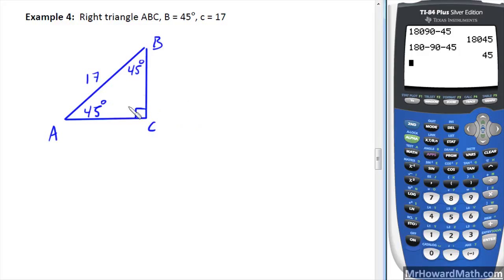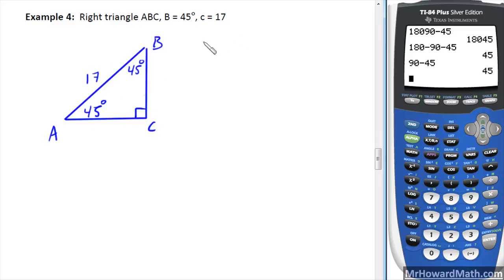Another shortcut is if you know you have a right triangle, just take the one angle that you do have and subtract it from 90, and you'll get the same answer, because these two angles have to equal 90, because this already equals 90 of the 180. So hopefully that makes sense to you, but that's a little bit of a shortcut that you can use.